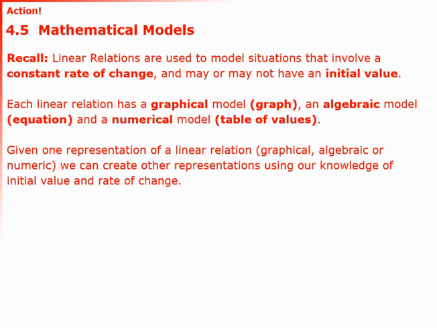Given one representation, we can create other representations using our knowledge of the initial value and the rate of change. If we know our b and our m, we can usually go back and forth between the three types.